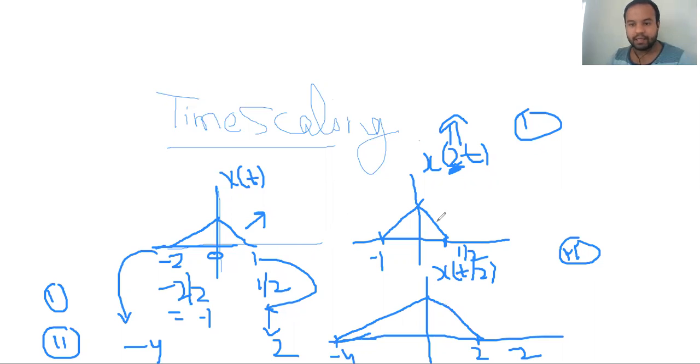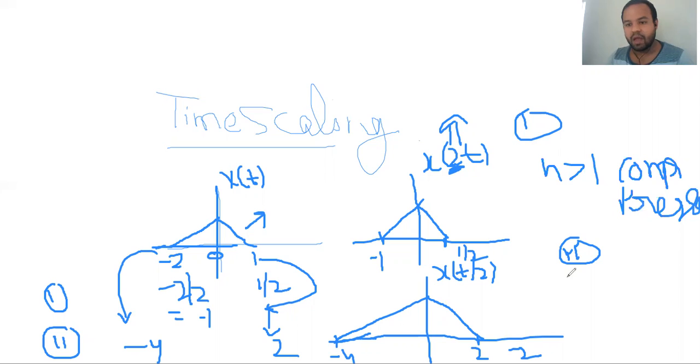Second, you must remember, if this number is greater than 1, then the resultant graph will get compressed. If the number is less than 1, then the graph will get expanded. This is the concept associated with time scaling.